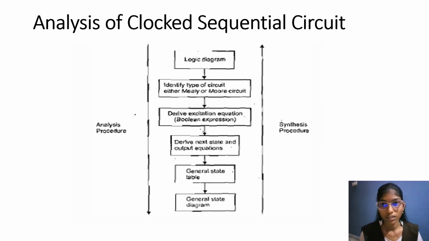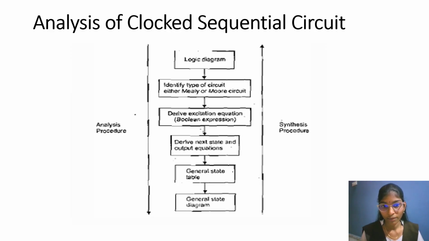Analysis of clocked sequential circuits. The analysis can be done by using the following block diagram. First of all, we observe the logic diagram and then we identify the type of circuit, either Mealy or Moore circuit.